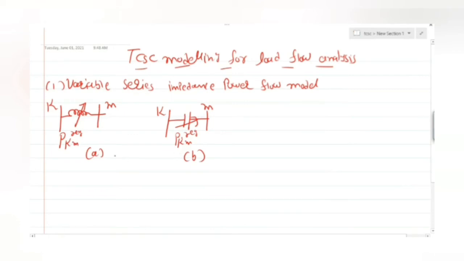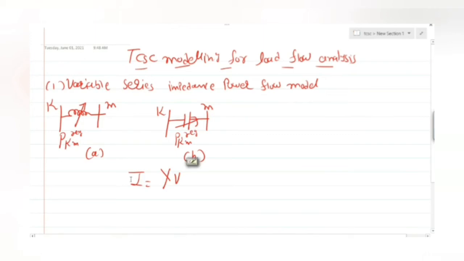The transfer admittance matrix of the variable series compensation, which is shown in figures A and B, is given by I is equal to Y into V. You know that this is the basic load flow equation, where Y is your bus admittance matrix, V is your voltage, and I is your current. How can we calculate the admittance?